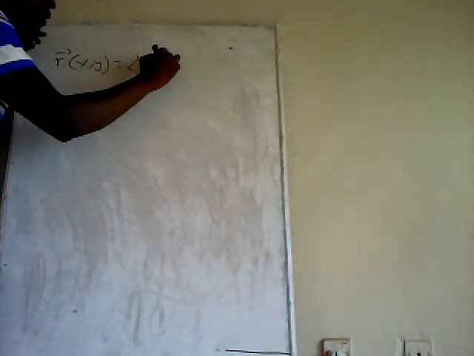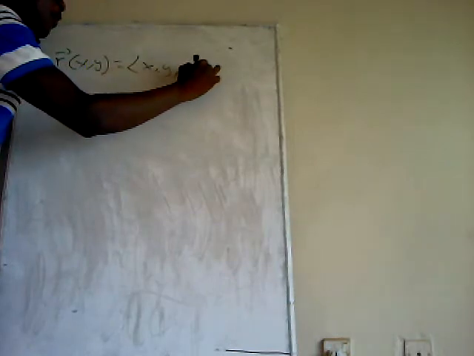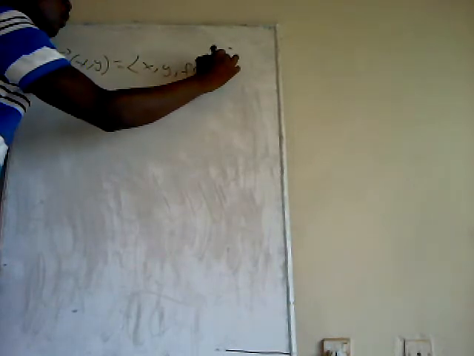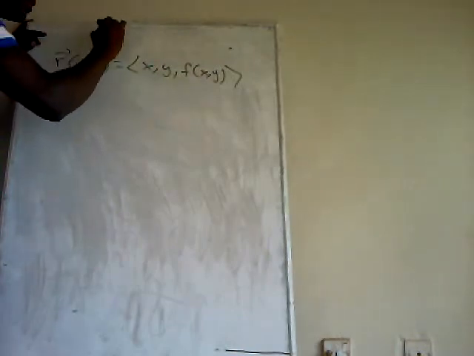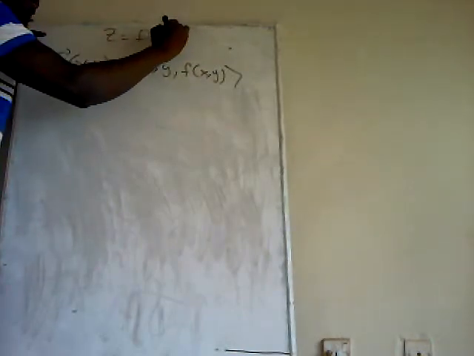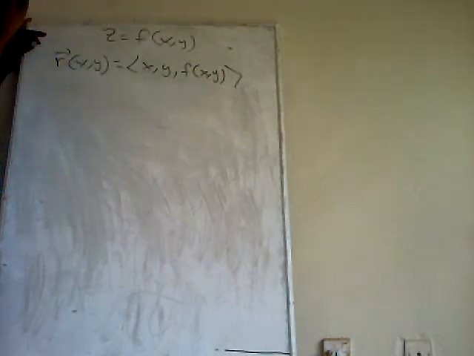Now the equation of the surface of a vector function is as follows. r of x, y is equal to the vector x, y, and f of x, y, knowing that z is equal to f of x, y.